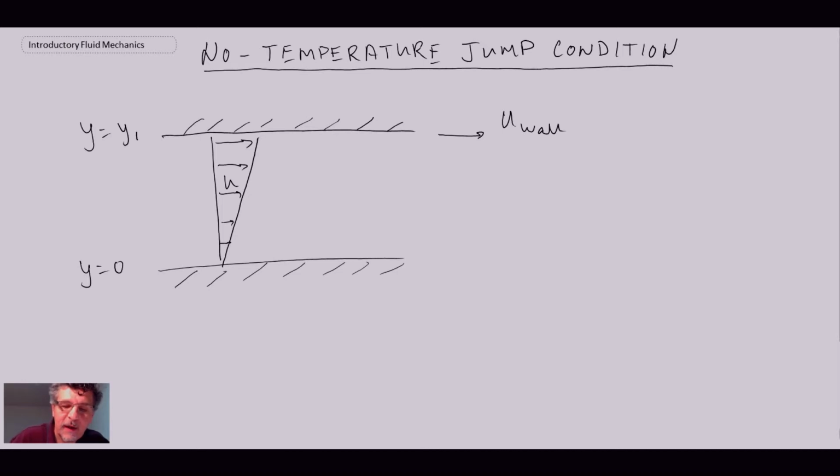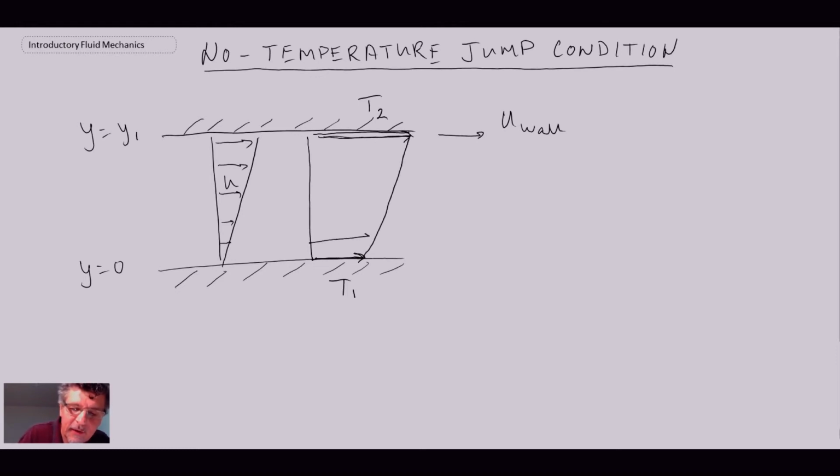Now, with temperature, we will have a temperature at the lower wall, so that might be T1. And if there's heat transfer taking place, we could have a different temperature at the upper wall, so we'll call that T2. And between the two, there will be some profile.